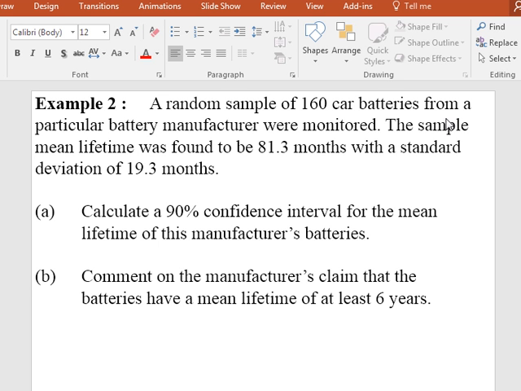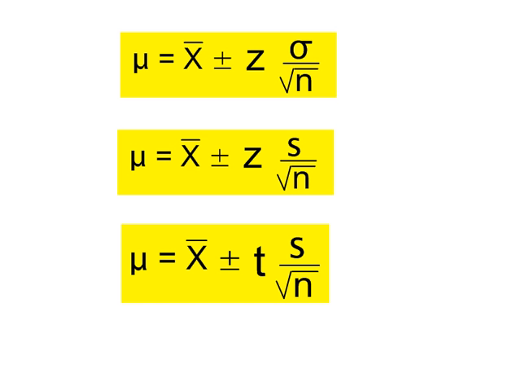There is no mention that the normal distribution applies. Because the sample size is large, we can use the central limit theorem. So for the calculation of the confidence interval, this formula will be used.